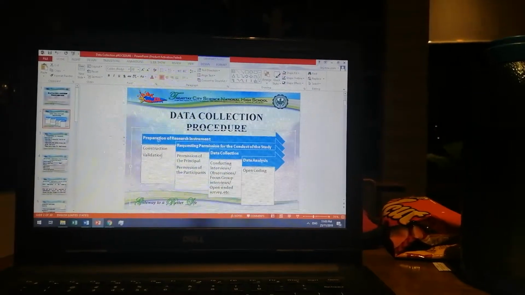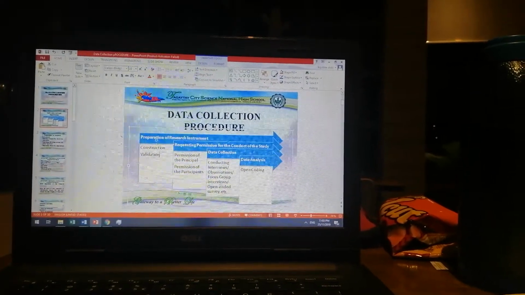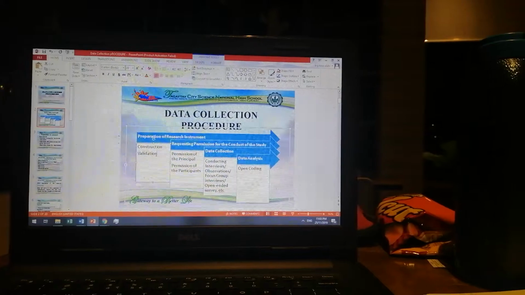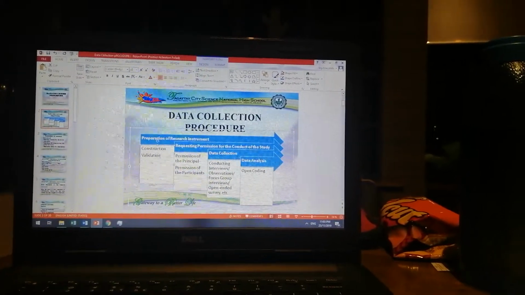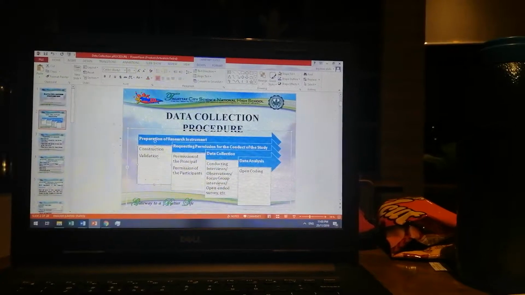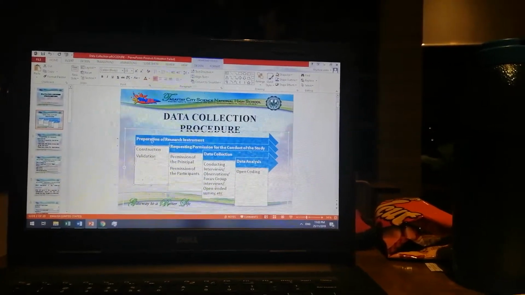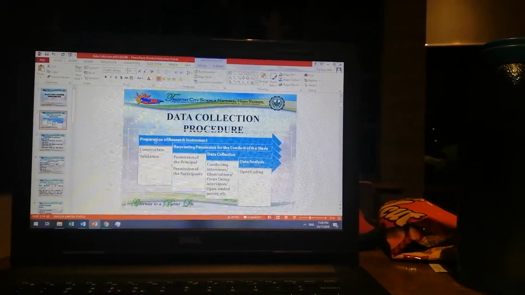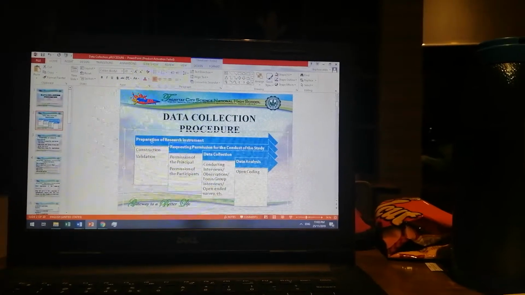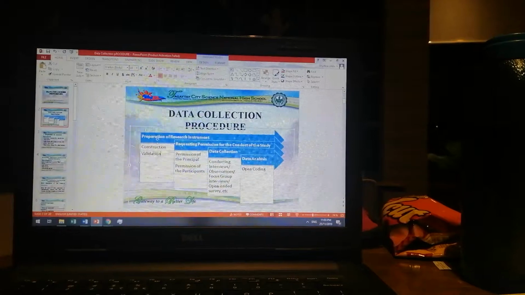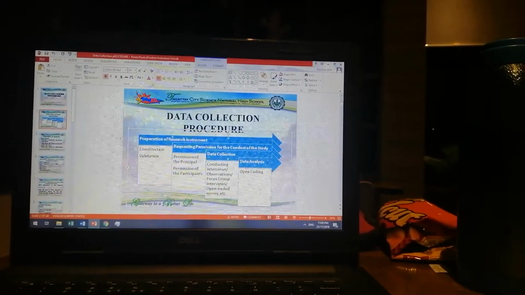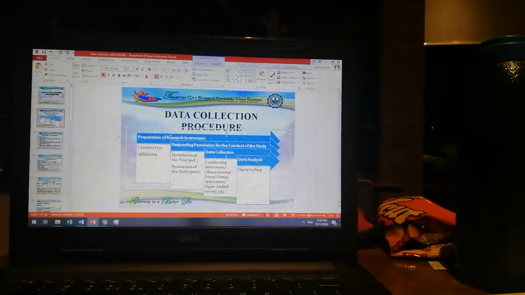So after trying out the questionnaire on 15 students, you have to encode the results. Okay, so that's for the first stage. For the second stage, you have to request permission from the principal for the conduct of your study.